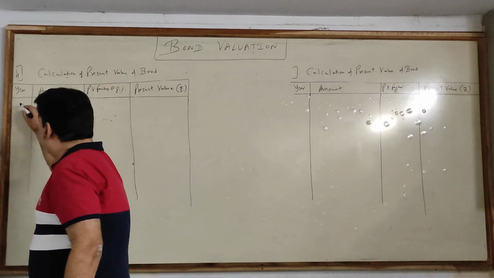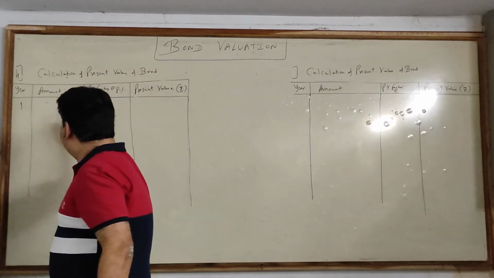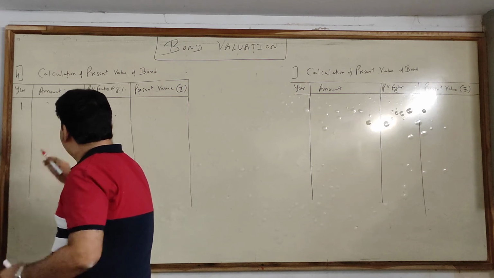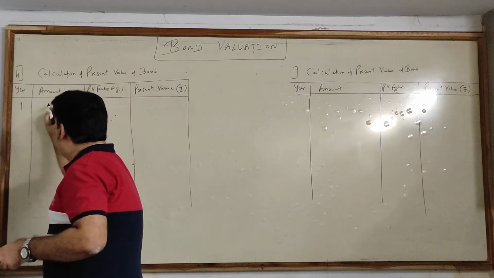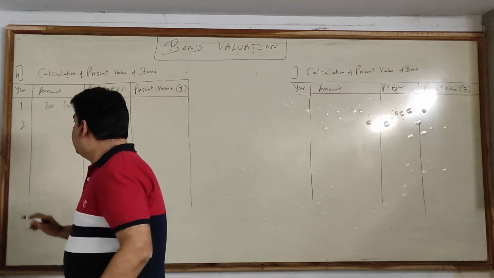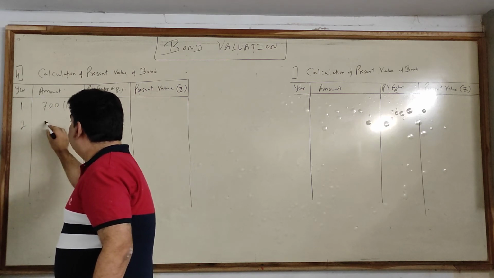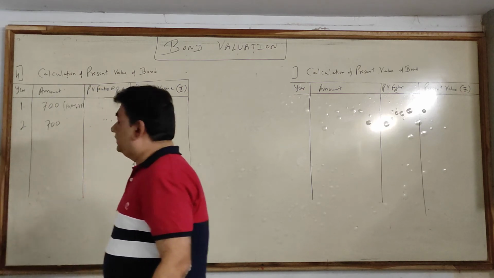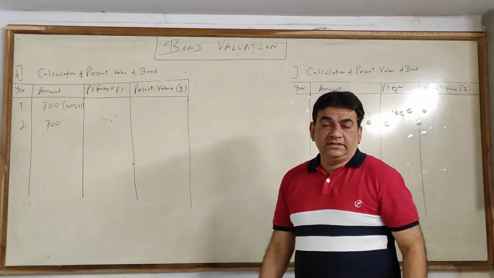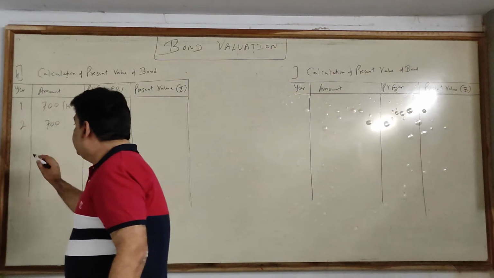So first year, what you will do? 10,000 into 7%, that is 700. Same thing you will get till the 5th year.